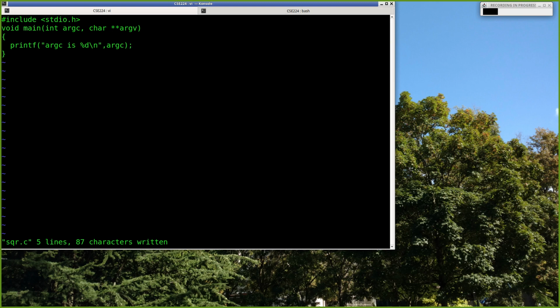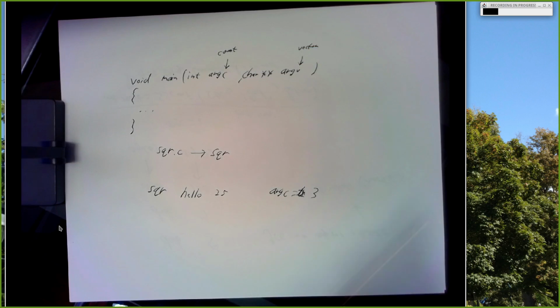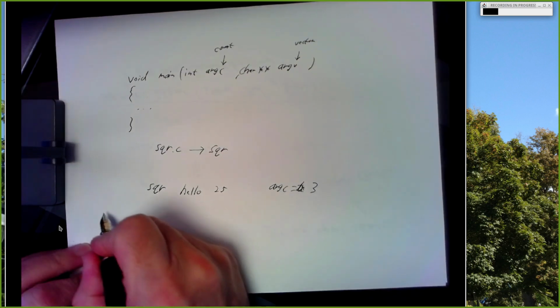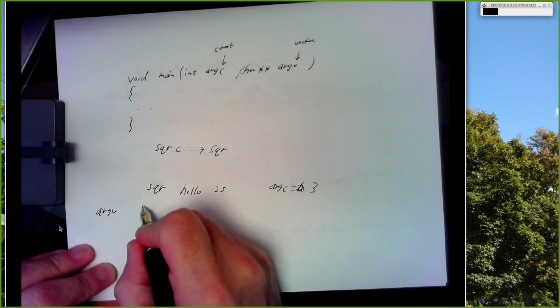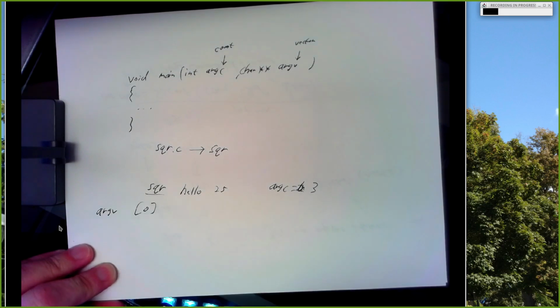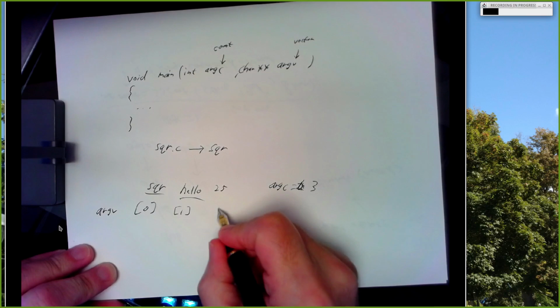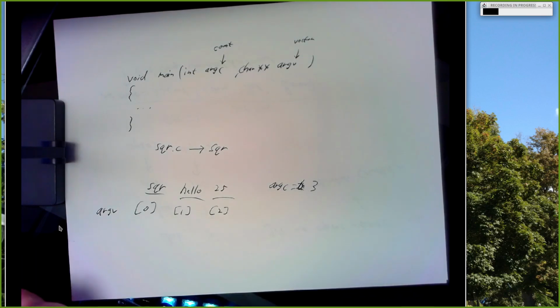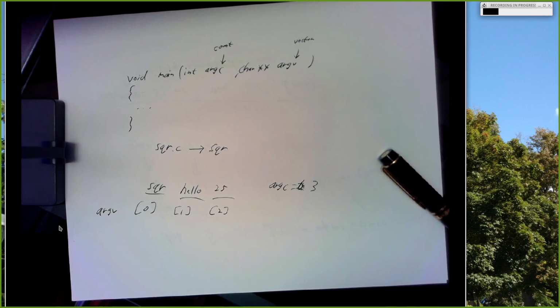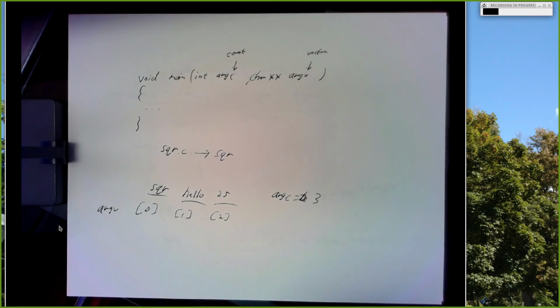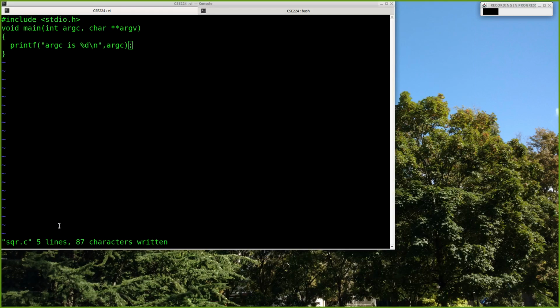All right, argv is the thing that tells us what those actual arguments are. So if argc is 3, argv is an array. argv bracket 0 would be sqr, argv bracket 1 would be hello, argv bracket 2 would be 25. So let's go ahead and look at argv now.